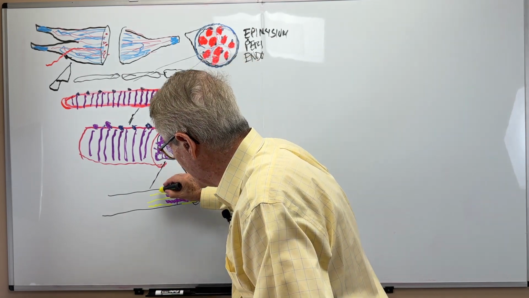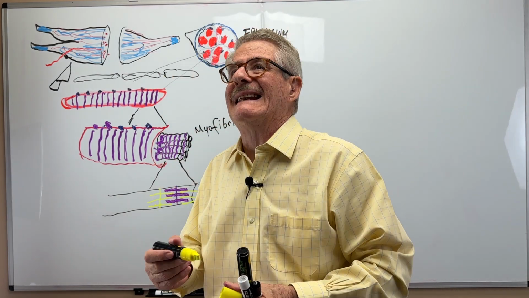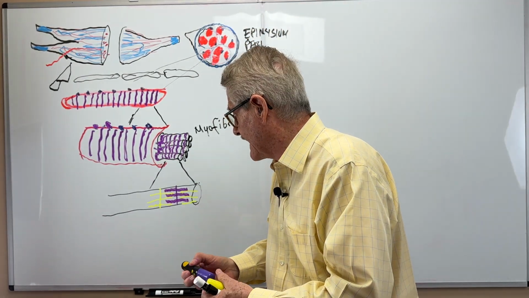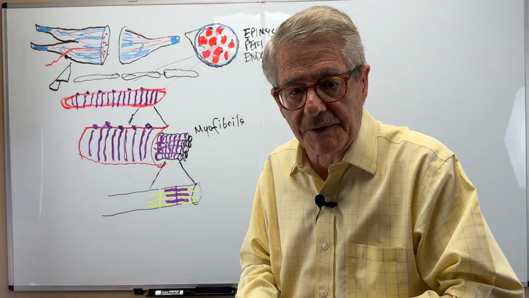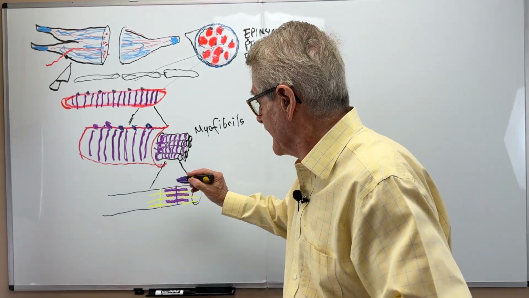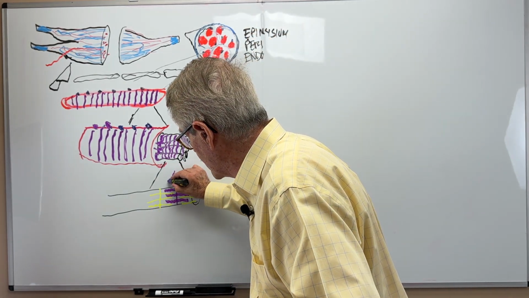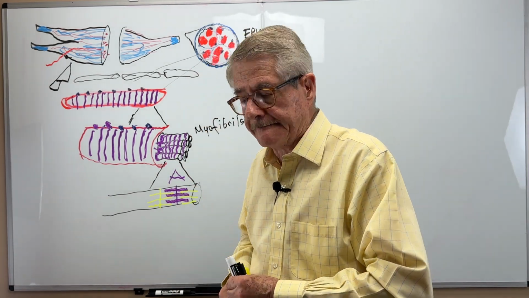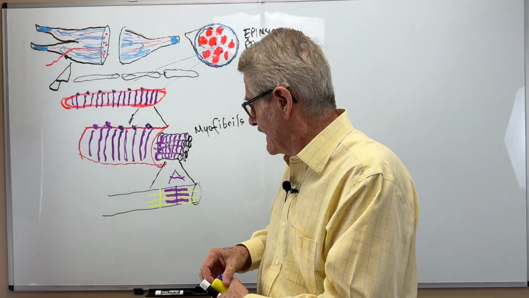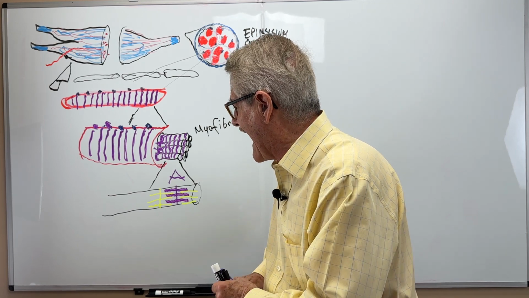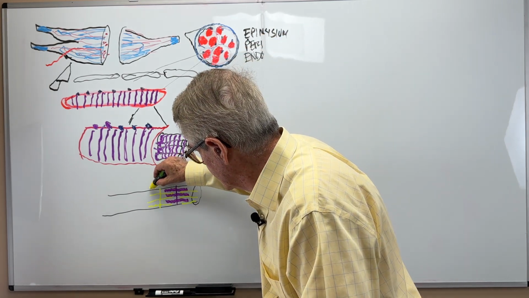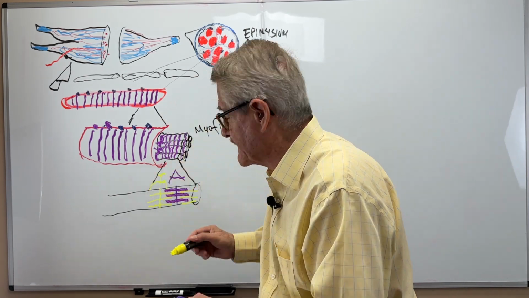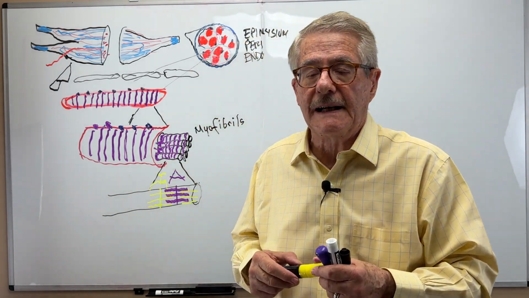Now you have to memorize some letters for each band, and that's unfortunate, but that is exactly what we have to do. This dark band is going to be the A band for anisotropic, and this one will be called I for isotropic, the lighter one corresponding to the filaments of actin.